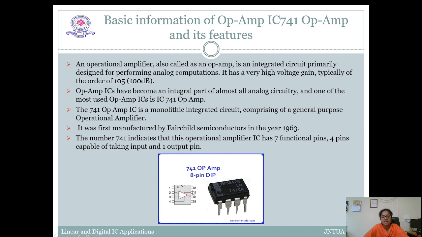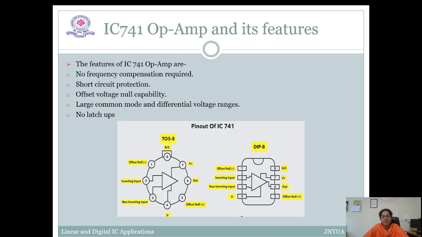We should also know which of 7 and 4 is the positive power supply and which is the negative.